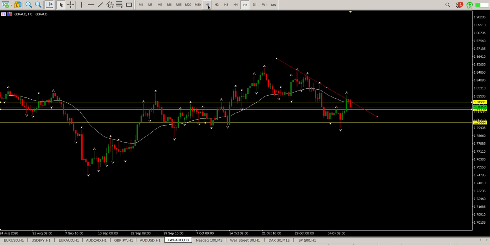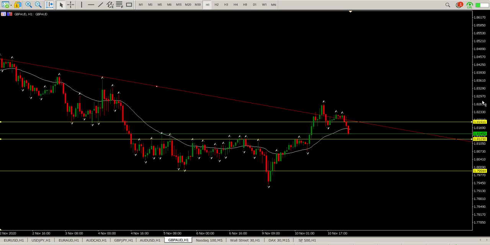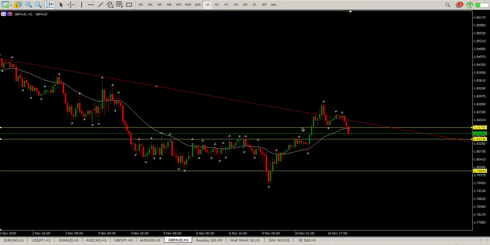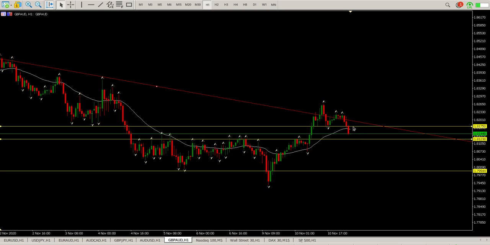Okay, if we look at that, you can see we've broken below structure. I'm just going to move that line there. So what we're looking for is a pullback into this area, and that would offer a short opportunity, stop up here, and you're looking for a move back into this zone here. Okay, 179944.